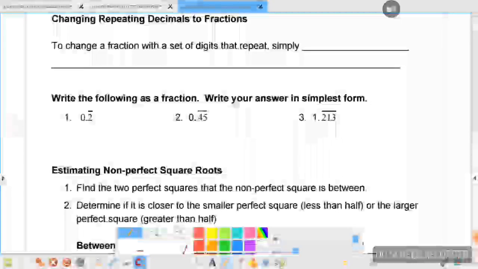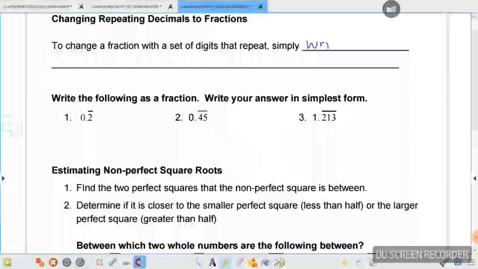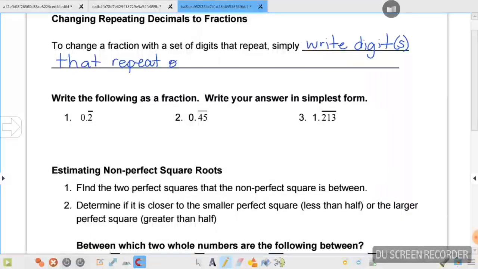To change a repeating fraction into decimal, you write the digit or digits that repeat on top and the same number of nines. Sorry.